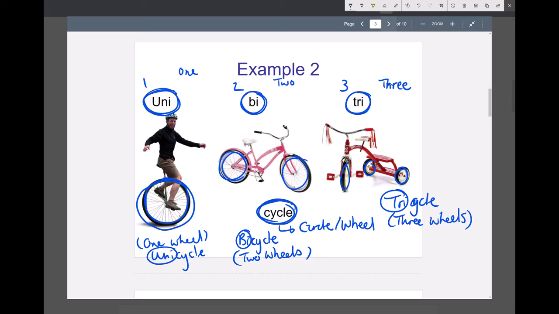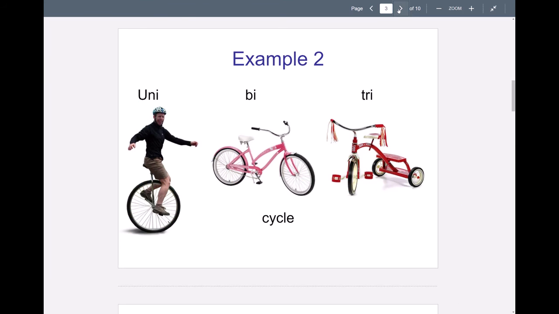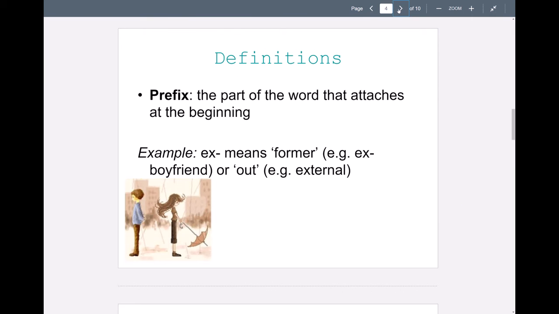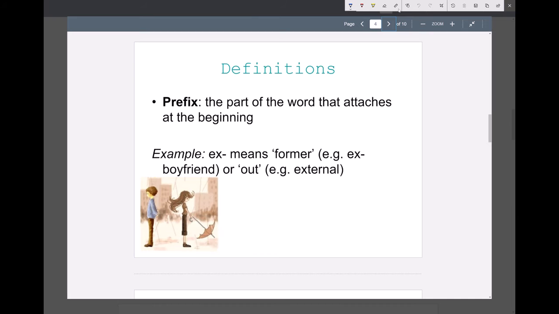And we're talking about different things here by applying different parts to words, in terms of definitions and changing the meanings of words, just like how you have uni, bi, or tri, and then you add those with cycle to make a new word.